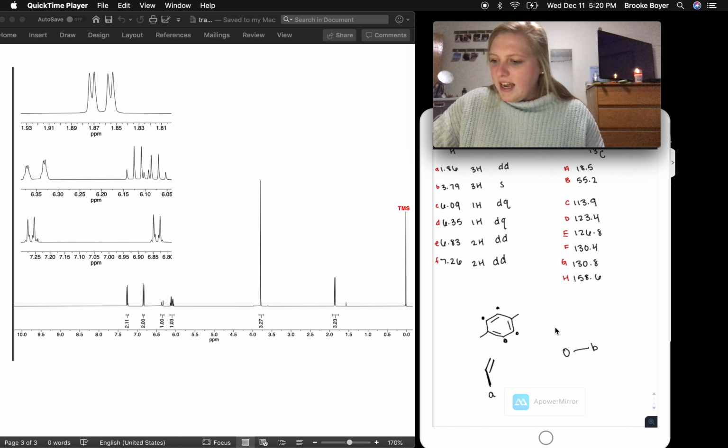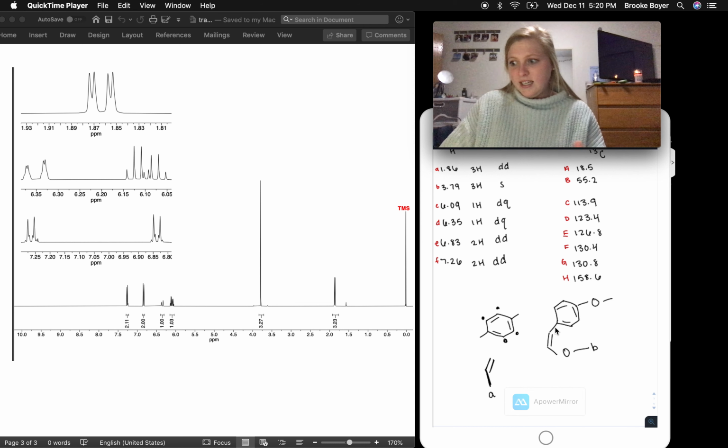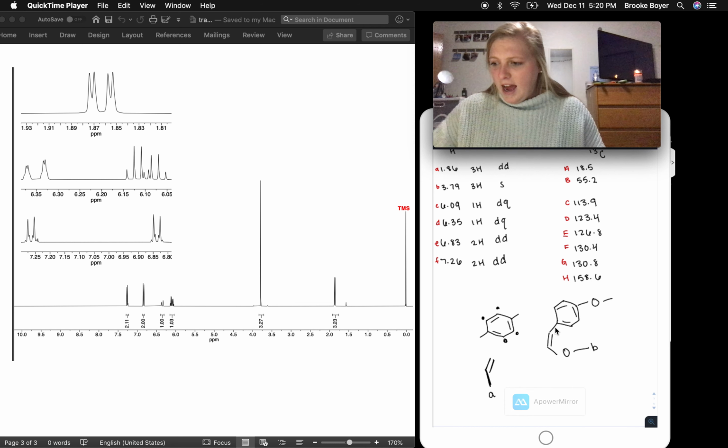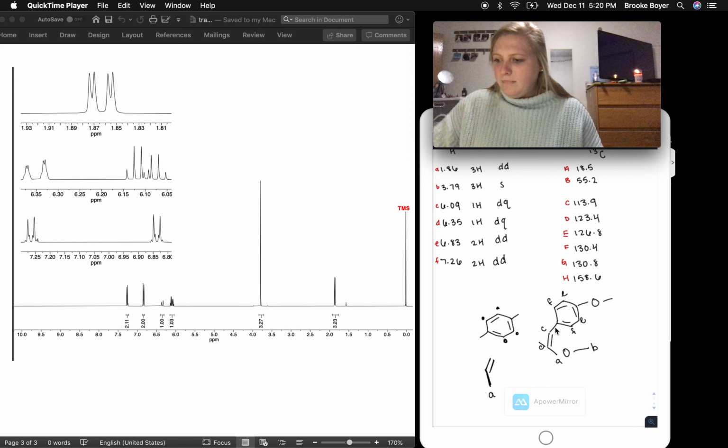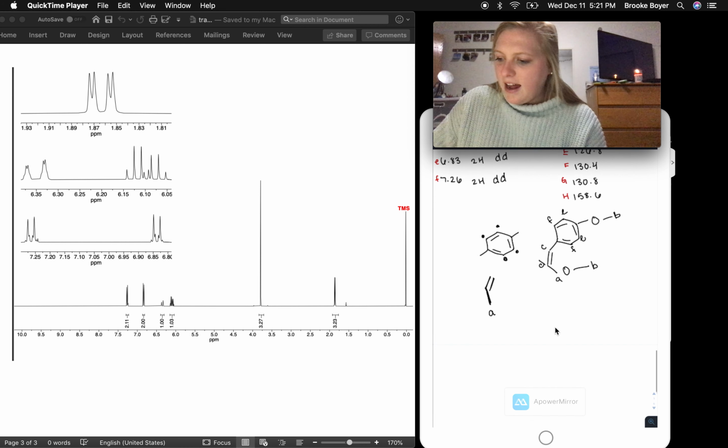So I think the ether could be on one side, and the other substituted side could be the alkene. This would potentially fit, with E and F over here, these hydrogens over here, and then C and D here or switched, with A over here and B all the way over here.